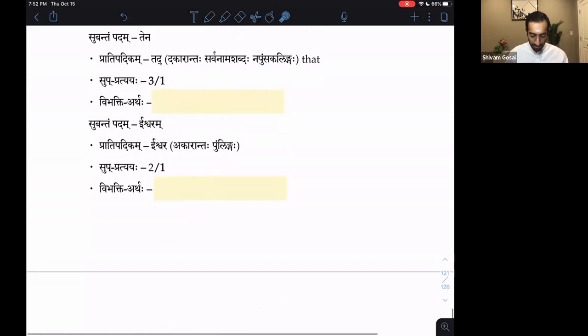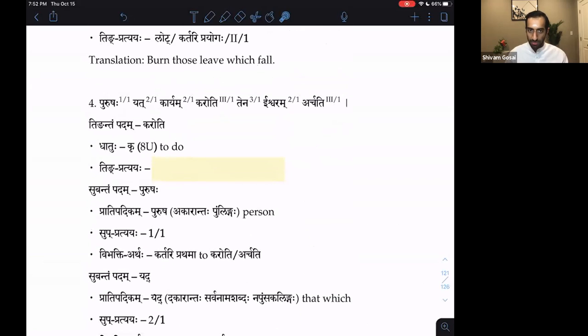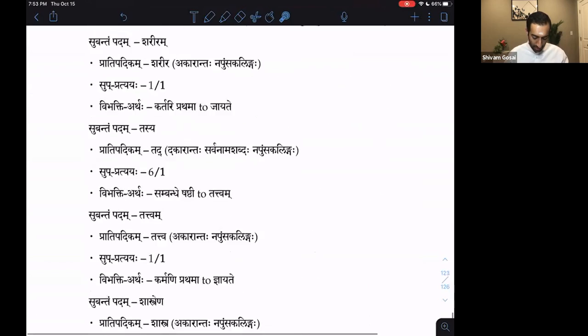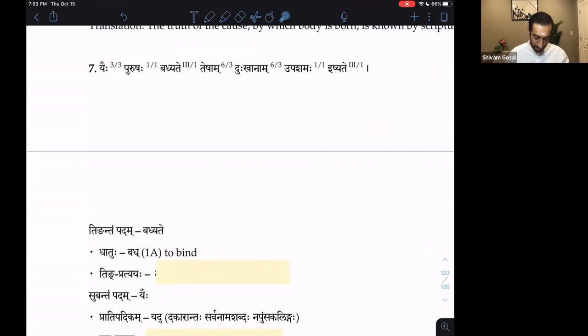Notice I'm making it a little bit more complicated because I'm going word by word, but once we get a hang of this, it becomes much easier. You just have to catch your yat clause, translate, and tad clause and translate. So let's do one more. One or two, let's see. Okay.